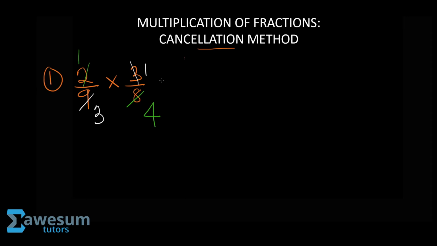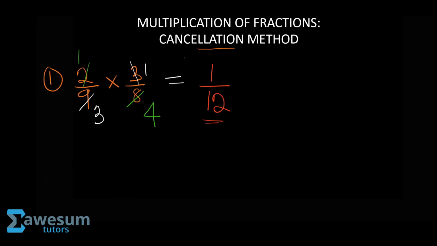Okay, so if you take note, in this case, nothing can divide anymore. Then I can say 1 times 1 is 1. 3 times 4 is 12. This is my final answer.